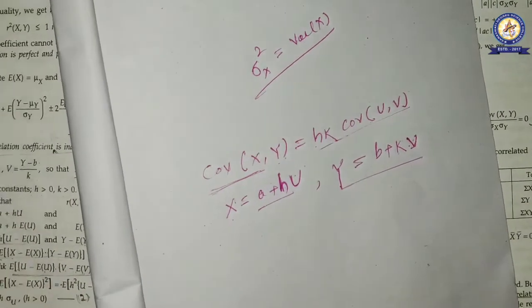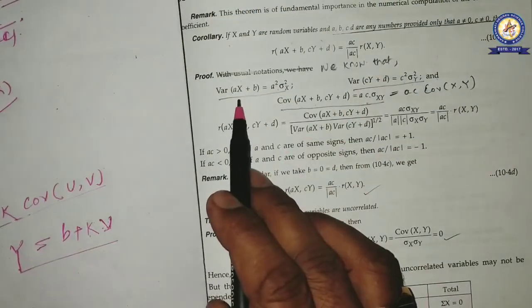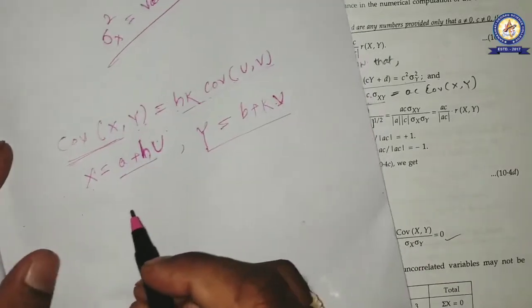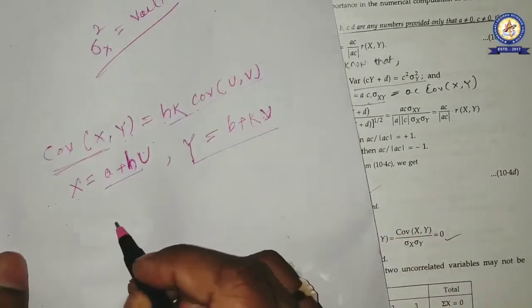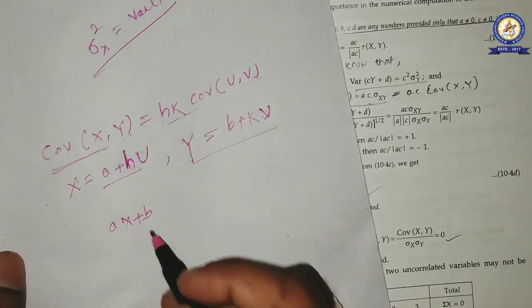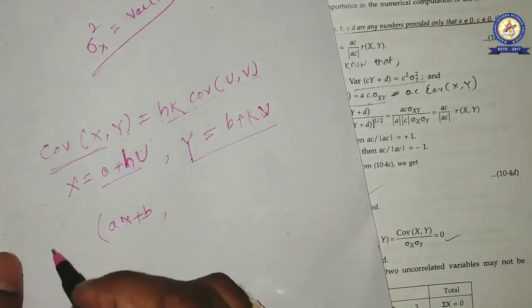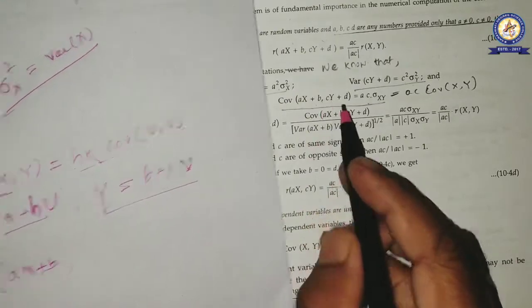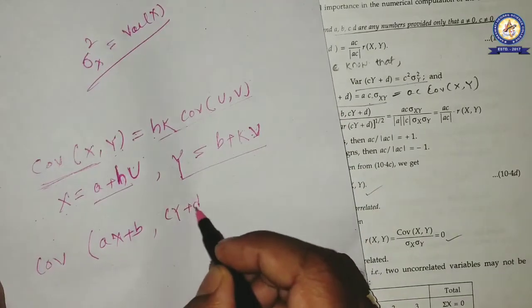So in this case, we have covariance of ax plus b and cy plus d.